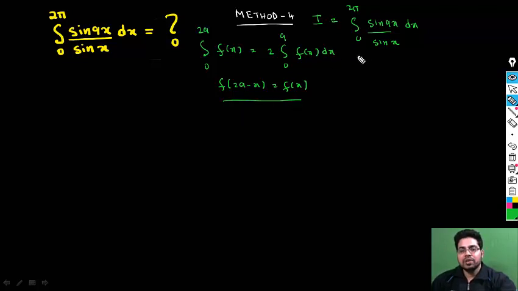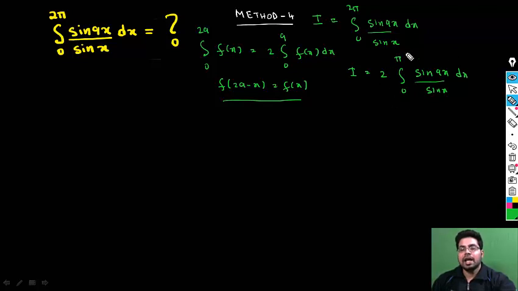So this integral, using this property, because if I put instead of x, 2 pi minus x, this will remain same. So this I would then become 2 times integral 0 to pi sine 9x by sine x dx.